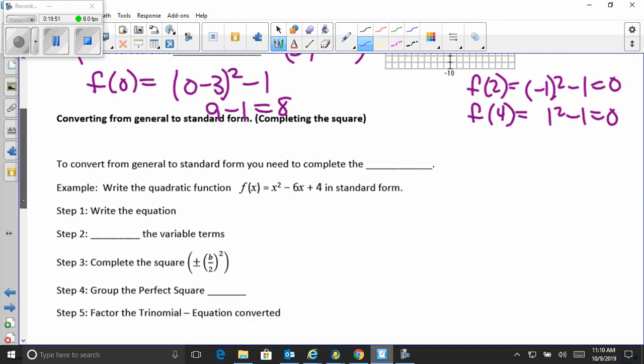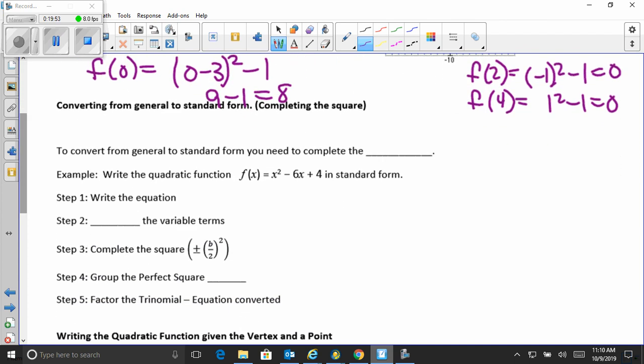What about if we like vertex form, but we have something that is in standard form, or general form, and we want to convert it to vertex form? So what do we do to do that? Well, to be able to do that, we have to complete the square, which you should remember from Algebra 2.